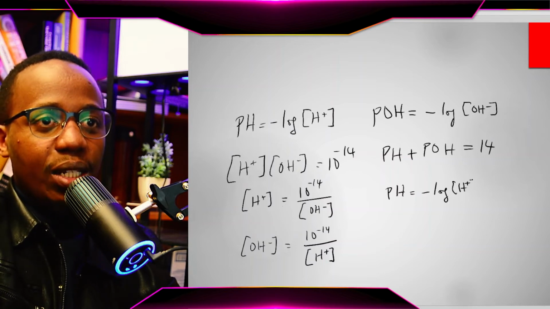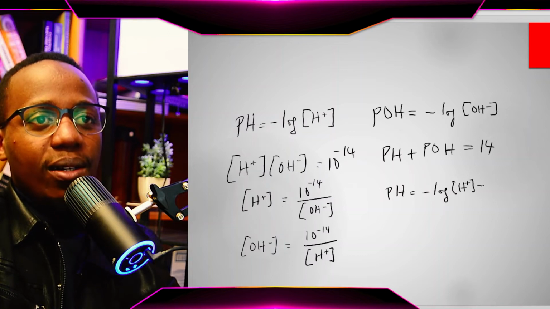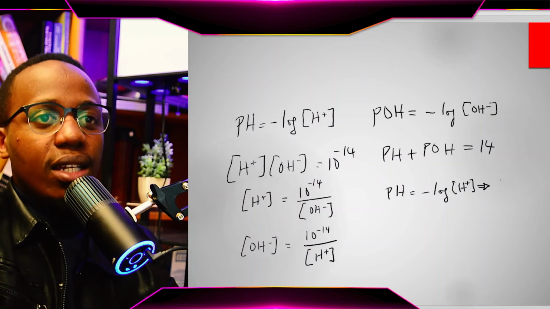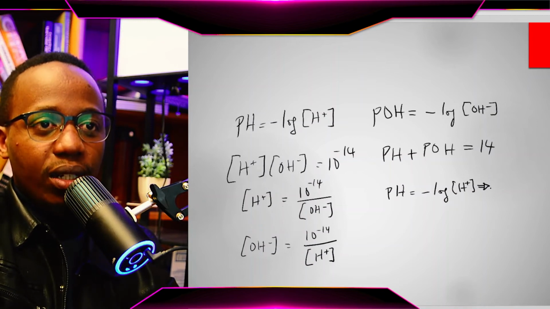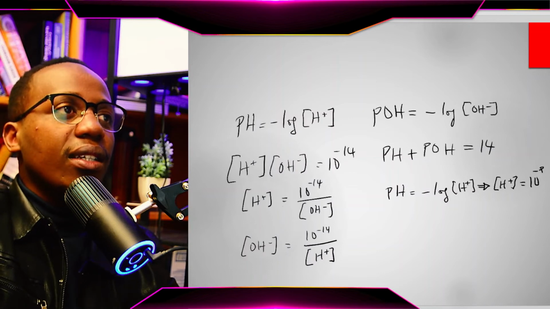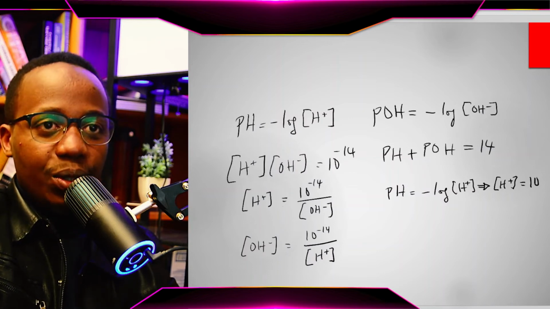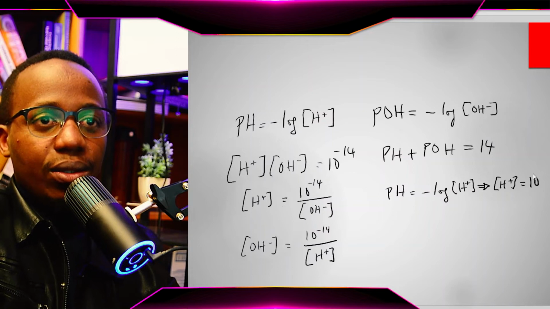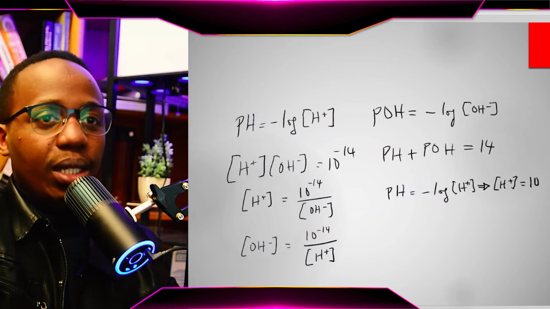How do you find H plus from here? Well, you use a bunch of algebra, but you end up with this formula that says the concentration of H plus is equal to 10 to the negative pH.